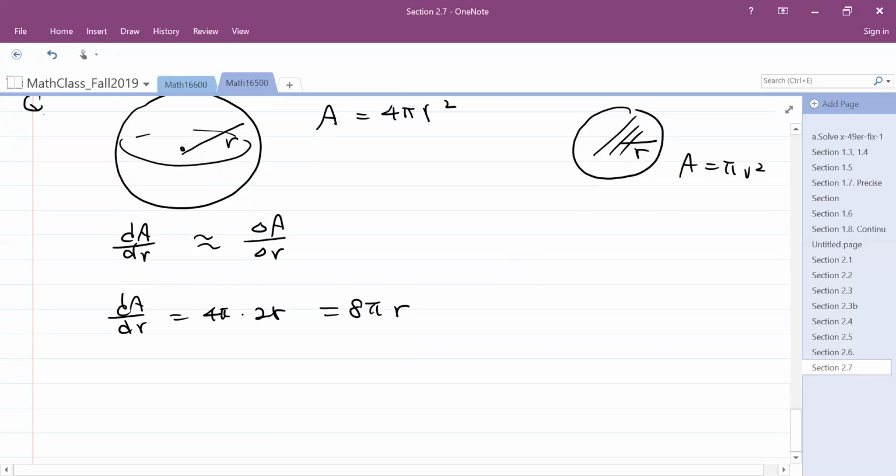But for the Earth, you can do the calculation. If the radius increased by 1 centimeter, I'm pretty sure the increased area would be much larger than a football field. That's just because it's 8 pi r. It depends on the radius r.